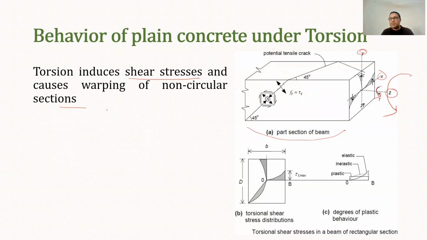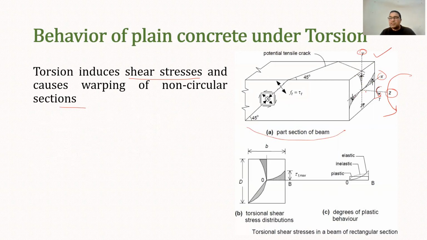The most feasible cross section for resisting torsion is the circular section. Along the surface of the circular section, the torsional shear distribution is uniform. But in the case of a non-circular section, like a rectangular beam, when torsion tries to twist this beam, what will happen?